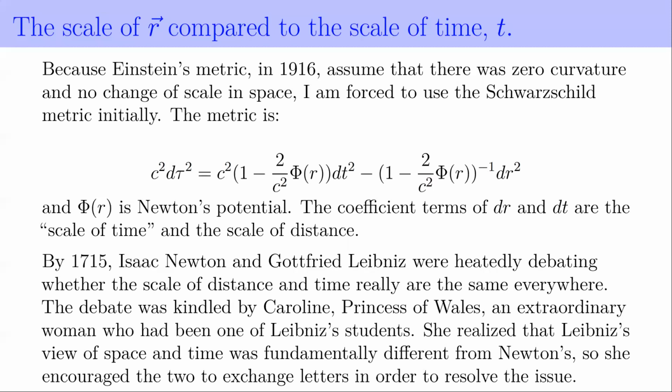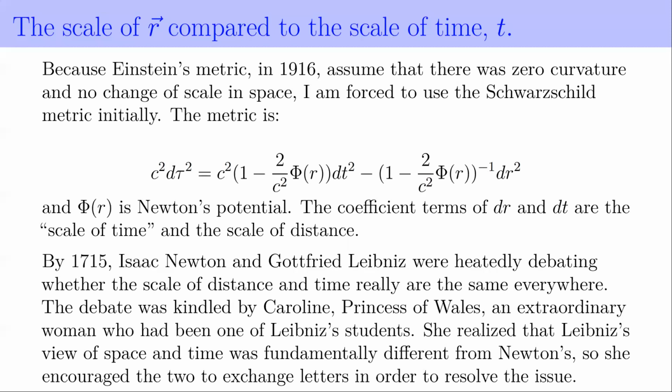So the square root of this and the square root of this are the changes of scale as you go in time or in distance. And I'm going to compute those square roots and show that the spatial part is essentially zero and the time is all of the effect.